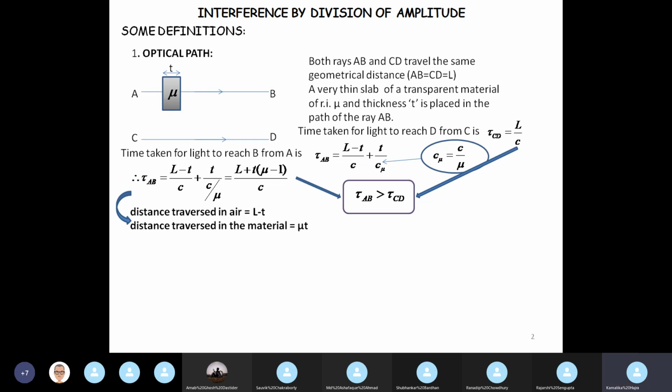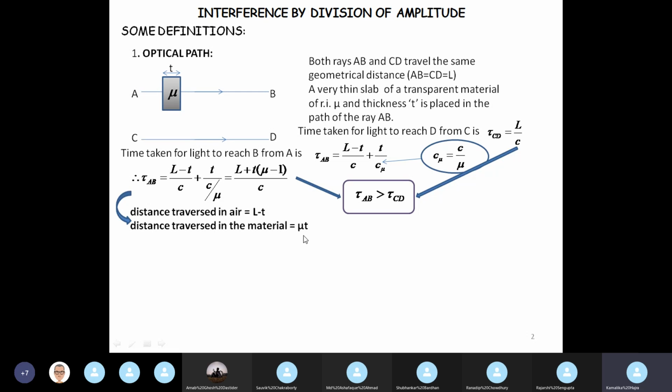So distance in the first case, in traveling from A to B, the distance traversed in air is L minus T, and the distance traversed in the material, if you look here, L minus T, so tau AB is distance by speed, right? Time is distance by speed. Now L minus T is the distance traveled in air.